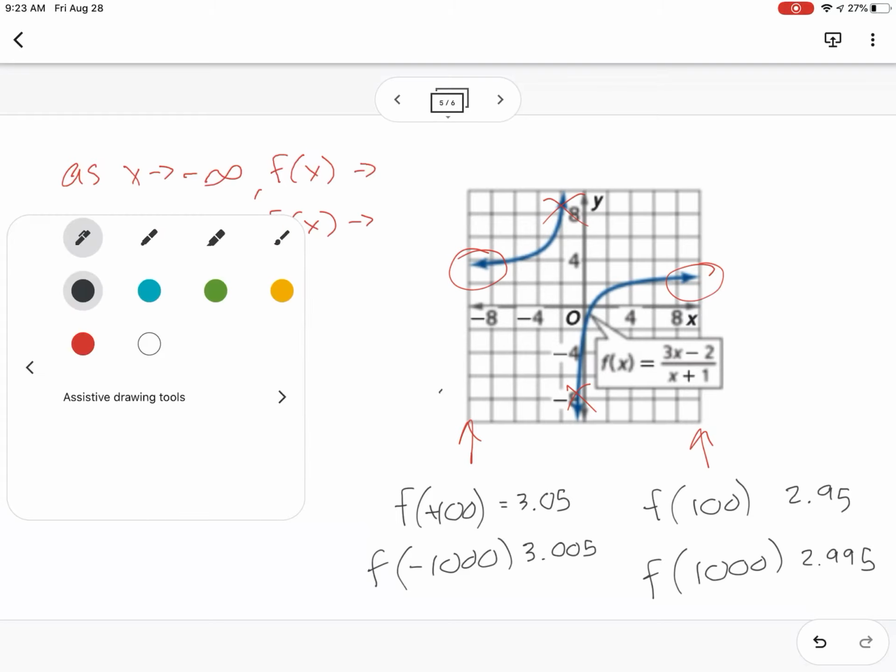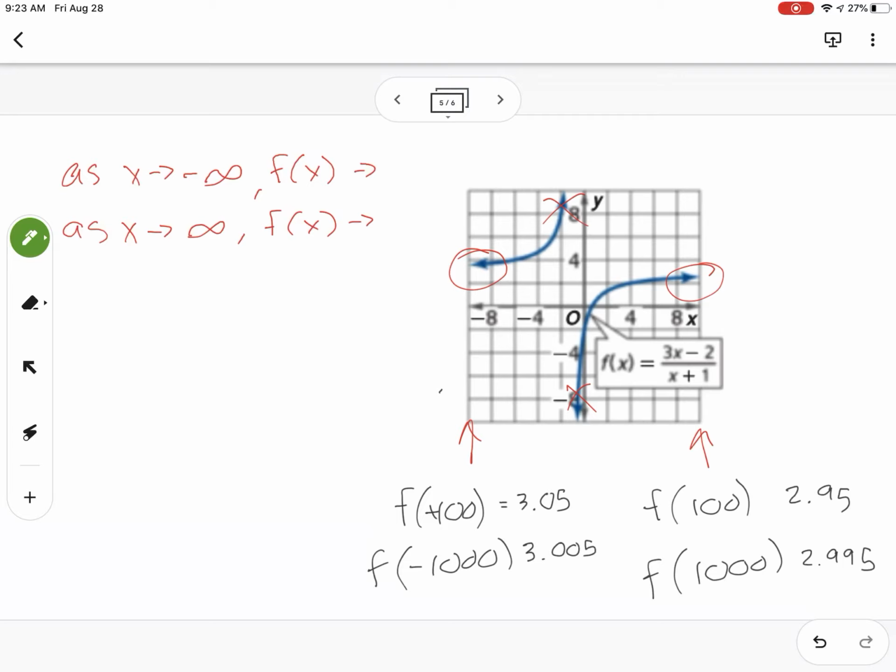Looking at our numbers here, for our negative side, we've got 3.005 and 3.05. So it's just staying very close to 3. If we did negative 2,000, it would be 3.0005. They're just adding more zeros here, so it's approaching 3. We'll put 3 there for that one.